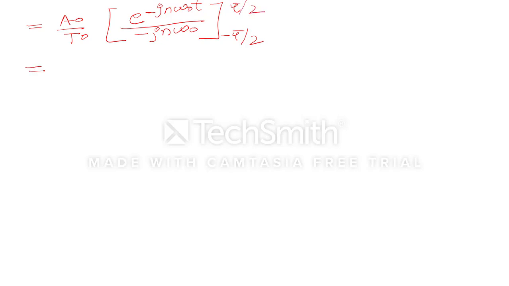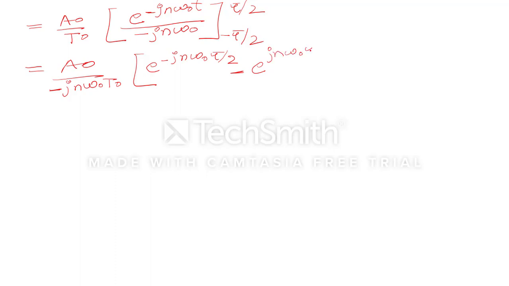If we take a naught over j n omega naught t naught common, it becomes e to the power minus j n omega naught tau by 2 minus e to the power j n omega naught tau by 2.